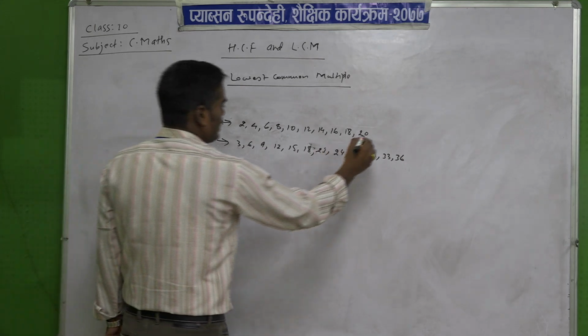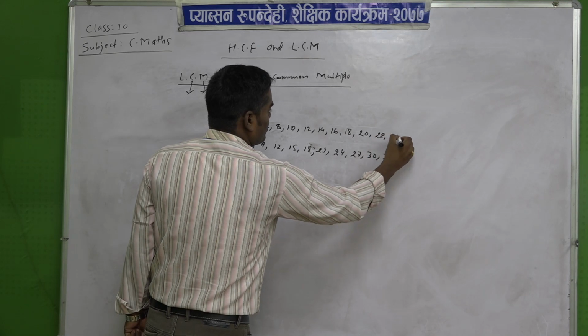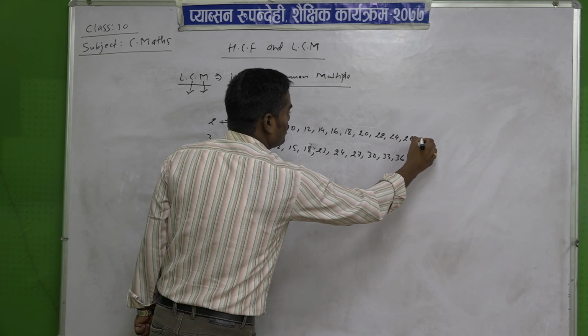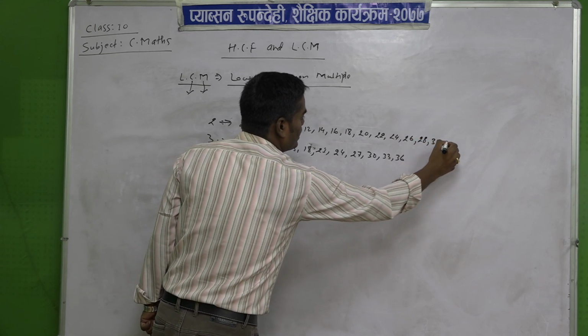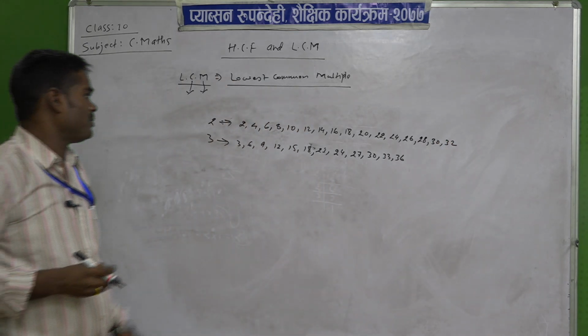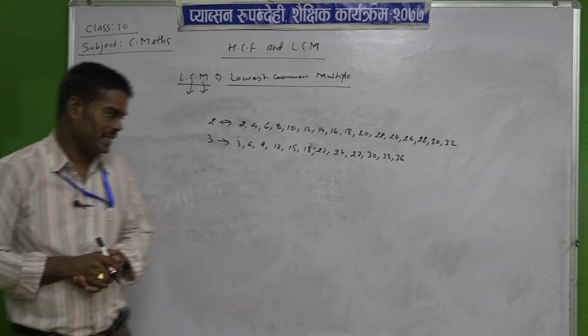And here likewise take 2: 22, 24, 26, 28, 30, 32. So see here, likewise we have to take the multiples of 2 and multiples of 3.